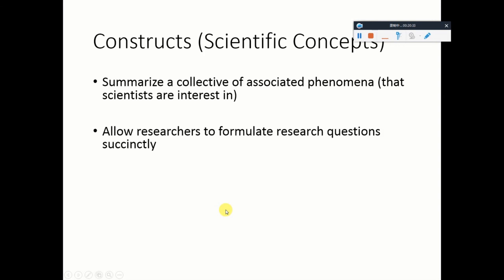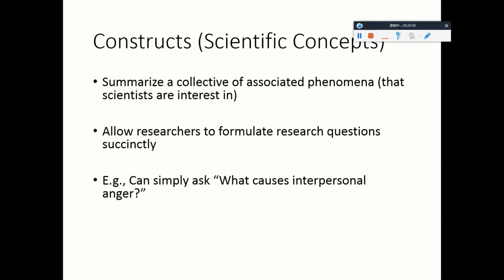Because of the ability of constructs to describe interrelated but different features of a phenomenon, researchers will be able to formulate their thoughts to propose predictions and hypotheses in a very clear way. For example, researchers can simply ask, what causes interpersonal anger, right?